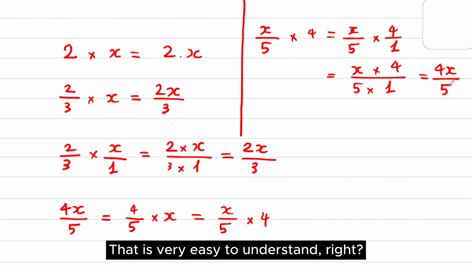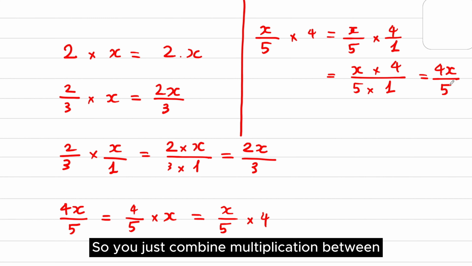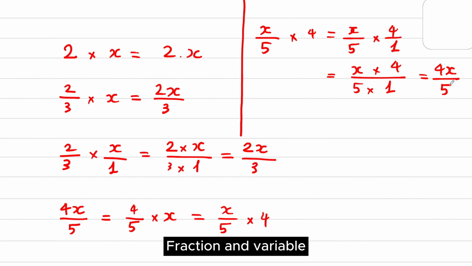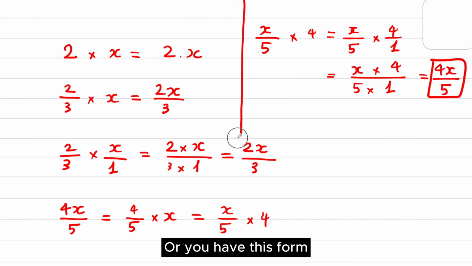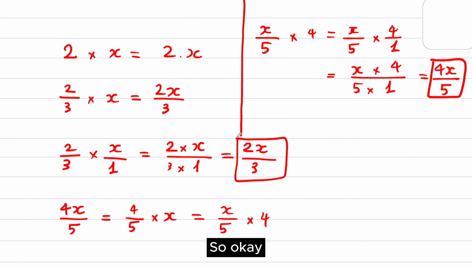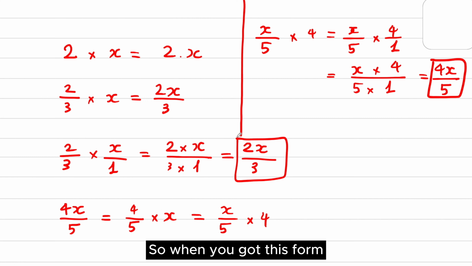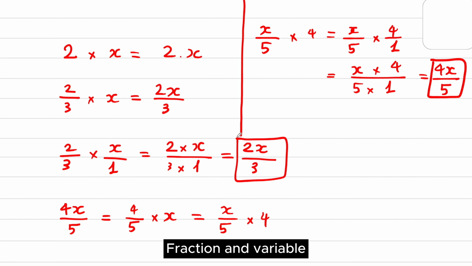That is very easy to understand, right? You just multiply a fraction and a variable and you get this form. When you have this form, a fraction and a variable, you can do some calculations.